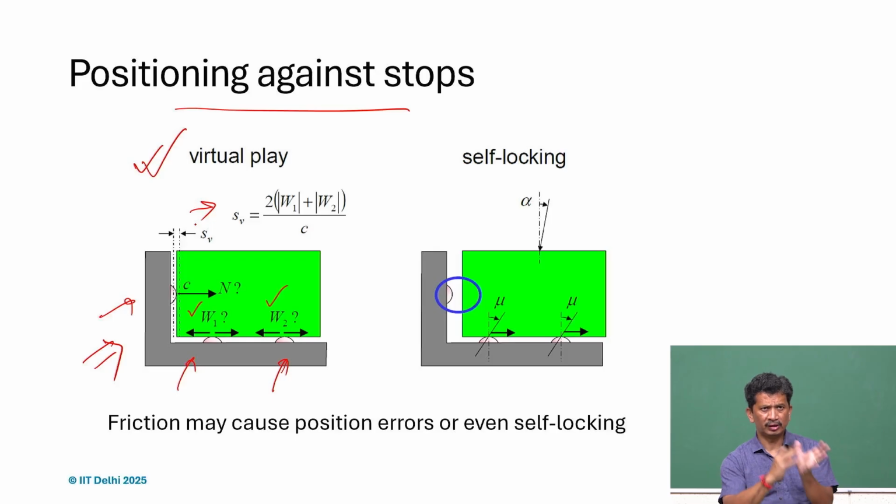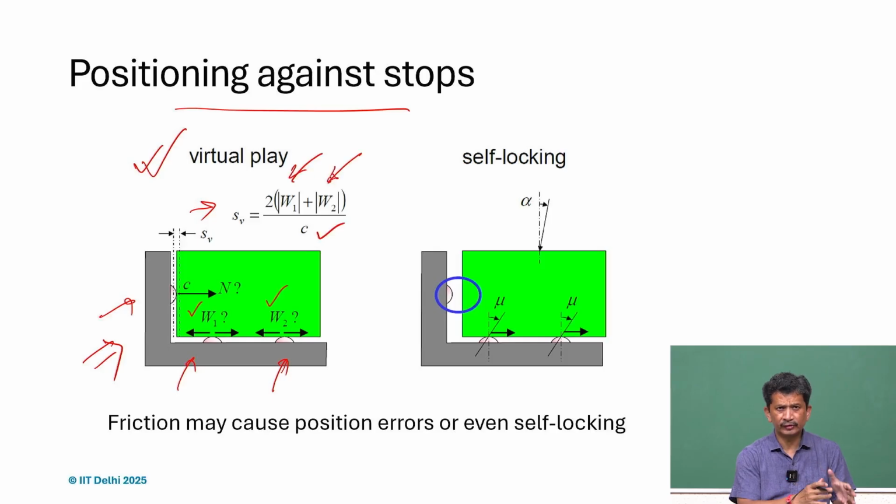Every time we take it out and move it back, although we say it should go to the same location, if the object has a limited stiffness C and friction is involved, although there is no gap, there is still uncertainty. So there will be virtual play, and one cannot say anything exact about N because there is always some uncertainty.